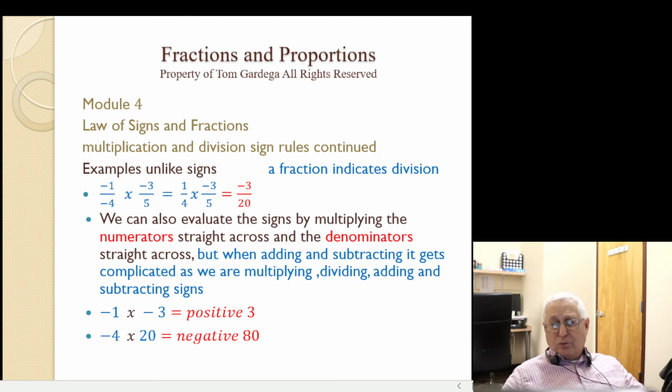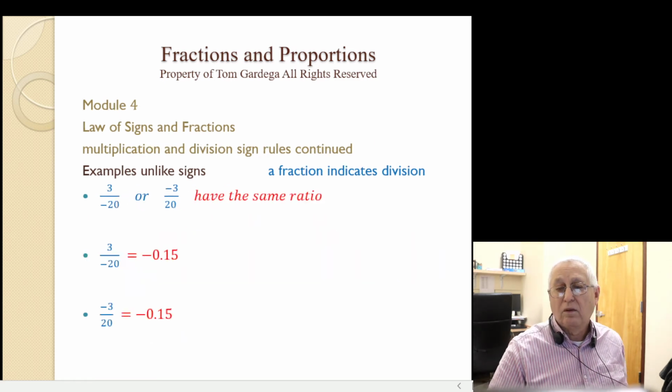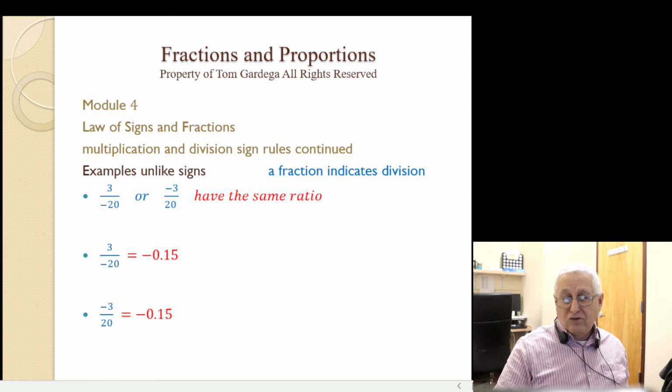But when adding and subtracting, it gets complicated as we are multiplying, dividing, adding and subtracting signs. Negative 1 times a negative 3 equals a positive 3. A negative 4 times a positive 20 equals a negative 80. Positive 3 divided by negative 20 or negative 3 divided by 20, they have the same ratio.